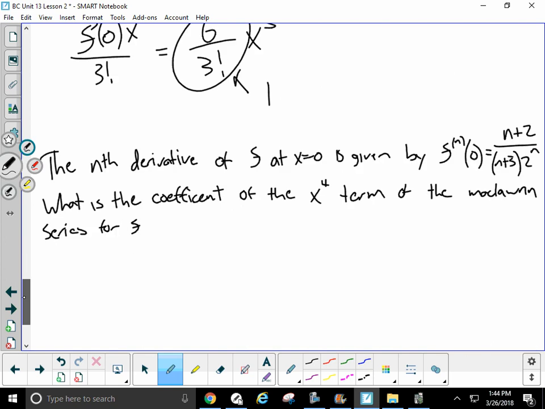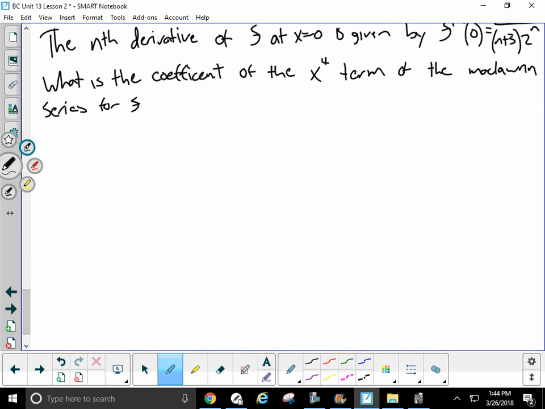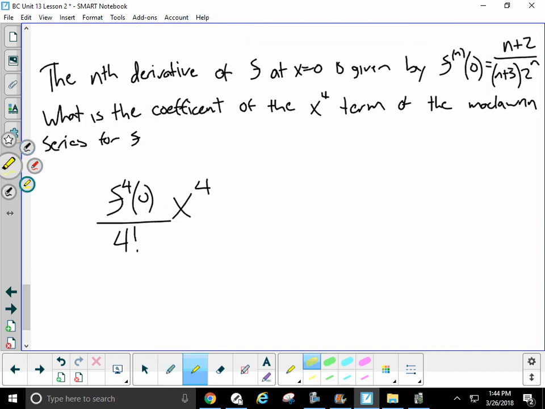So again, they're looking for the coefficient, so that's both the 4th derivative at 0 and then divided by the 4 factorial, which goes into the Maclaurin polynomial. They're looking for the coefficient, so I'm going to provide this information, and that is the coefficient.